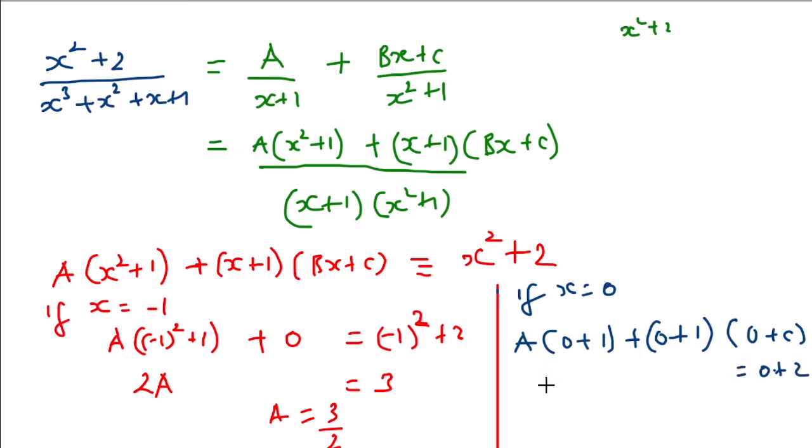So when we simplify, this gives us a plus 1 times c, which is c, equaling to 2. But we have our a as 3/2, so it means c will be 2 minus 3/2, which gives us 1/2.